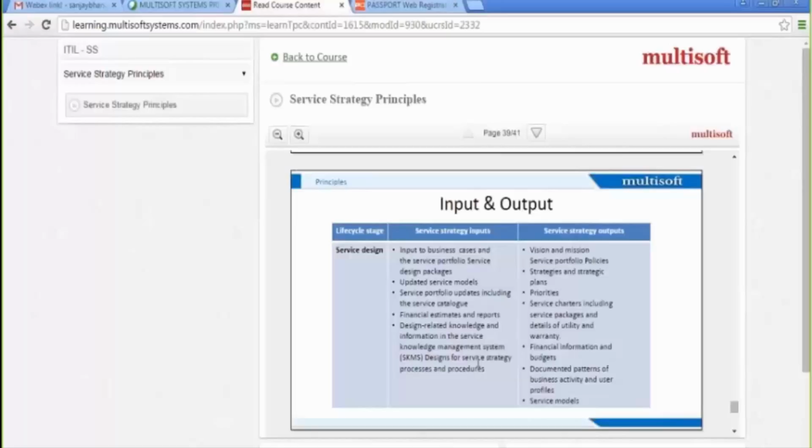This SKMS is the complete database for all. In transition, yesterday I told you about many processes: release and deployment, transition planning and support, change management, configuration management, asset management. One more I told you yesterday is knowledge management. Knowledge management is my complete documentation about all.